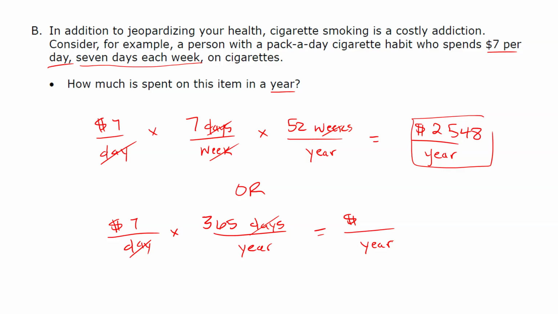So 365 times 7 would also get us roughly 2,555. So these are approximately the same. Again, they're estimates. One uses exactly 52 weeks, and the other one uses 365. But both processes are correct.